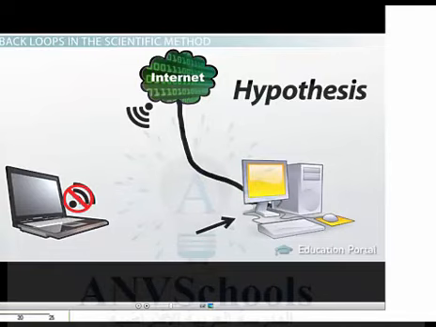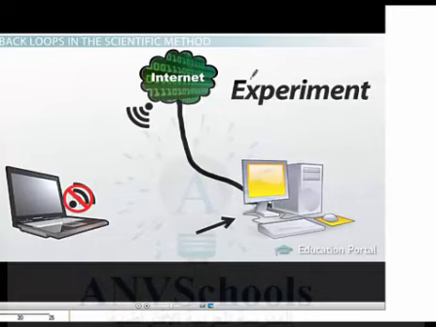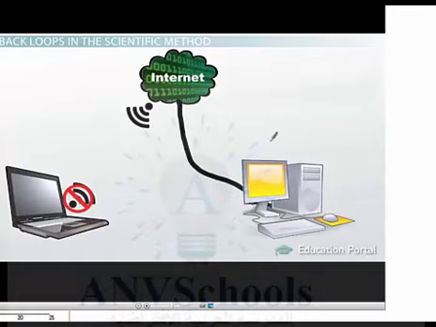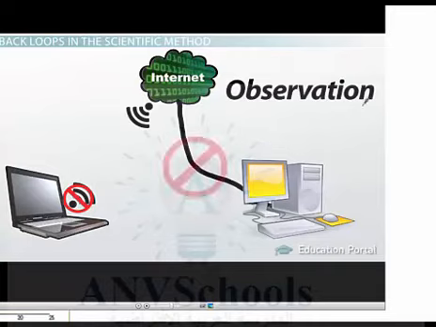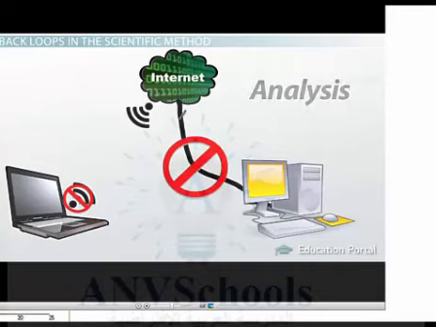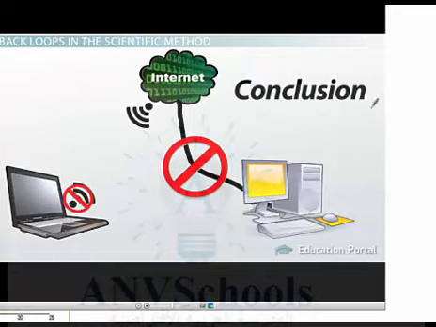Maybe the cable is connected. I can make a hypothesis, then carry out an experiment, then draw observation, that is observing here. Then after that I can analyze my data and draw the conclusion that my computer has no problem, for example, and the problem is with the internet supplier.